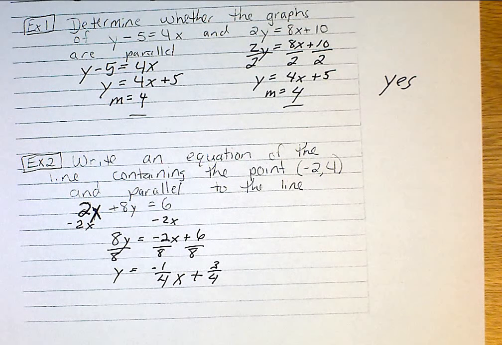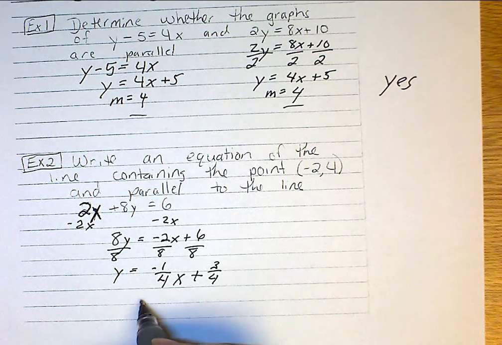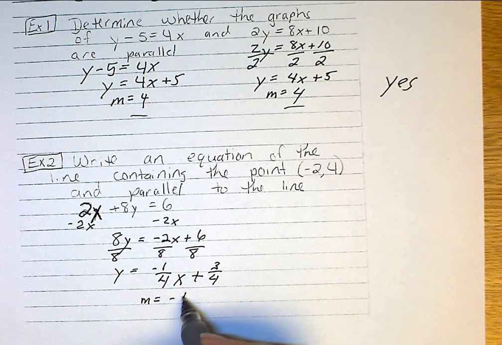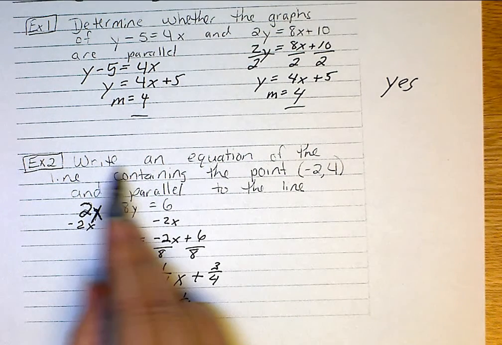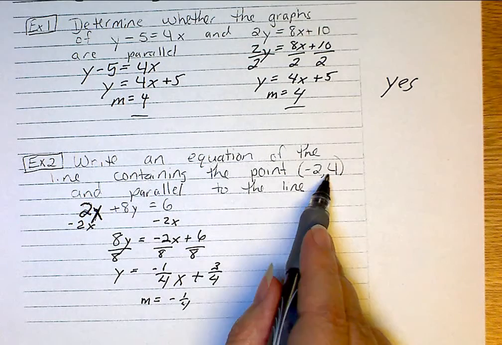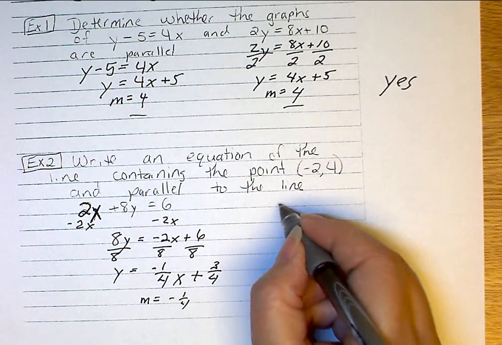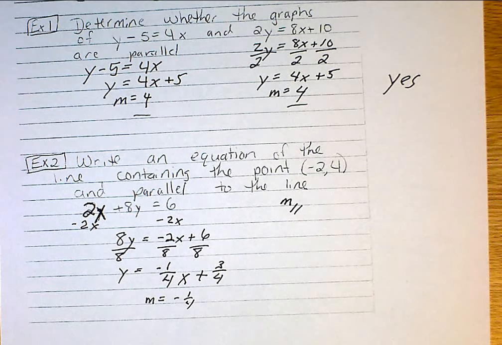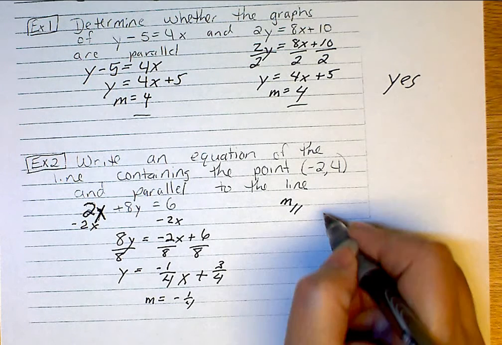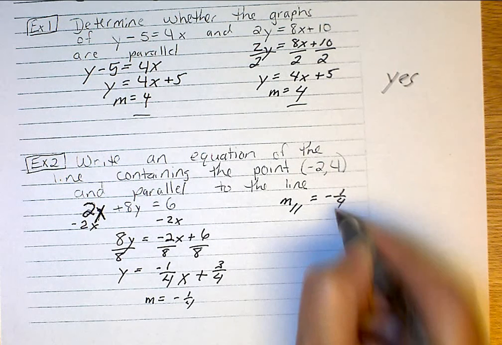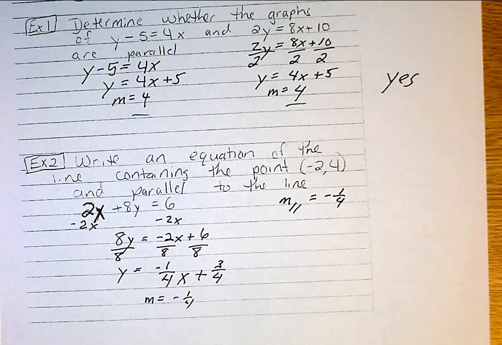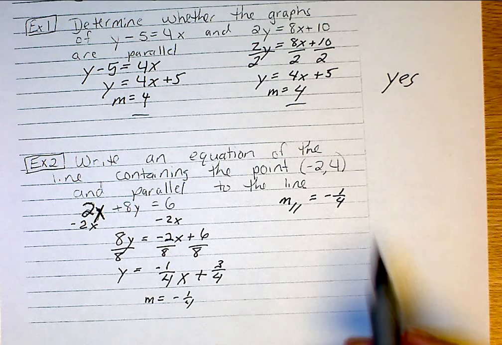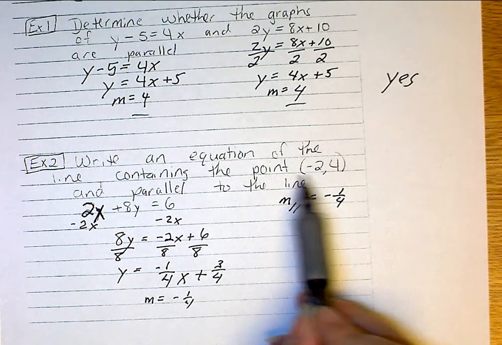All right, so what is my slope of this line? -1/4. Now it says write an equation that contains this line that's parallel to it. So what's my slope of the parallel line? Negative 1/4. Now, I have my slope and I have my point.